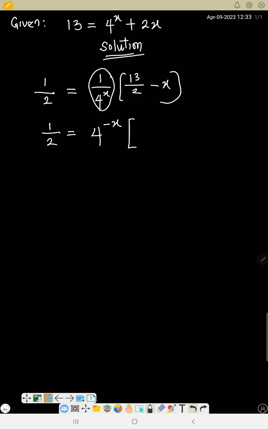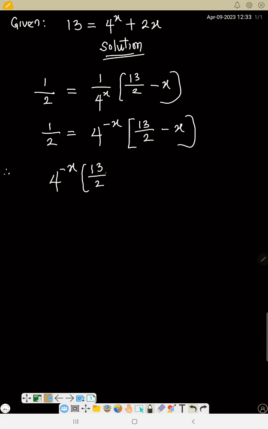This 1 over 4 raised to power s is 4 raised to power minus s, times 13 over 2 minus s. So let me move it here. So 4 raised to power minus s brackets 13 over 2 minus s is equal to 1 over 2. So instead of writing 1 over 2, I just move it here. So I did not change anything there, just turn it.